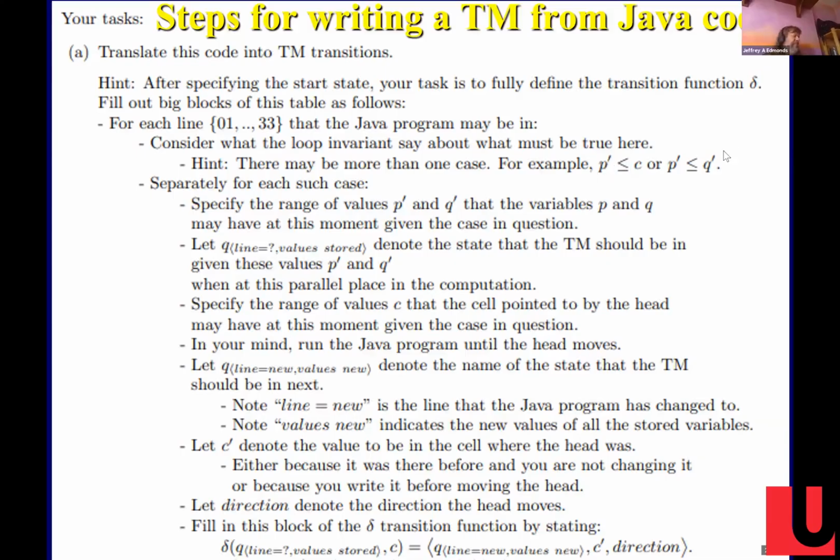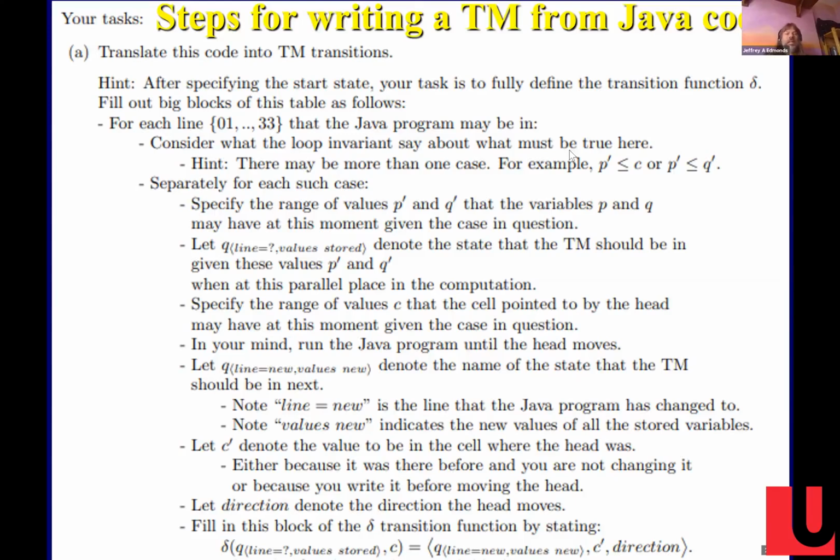And maybe there's some cases, right? So the hint is, think about what the cases are, and we're going to build a block in our table for each case, for each line of code, and for each case, there's going to be a block of code in the table.